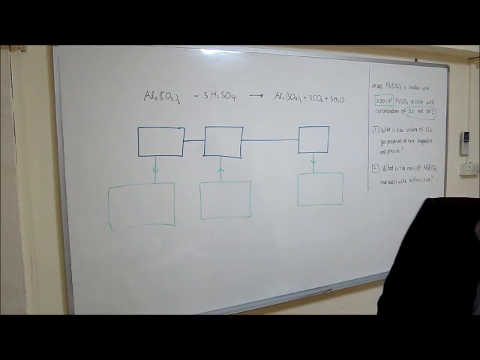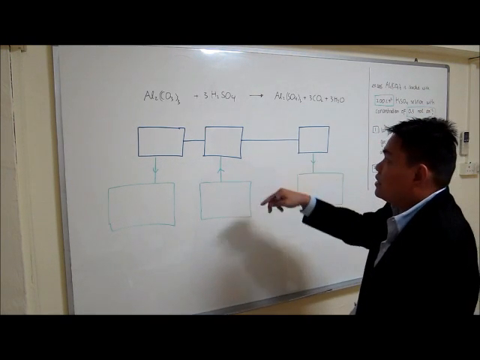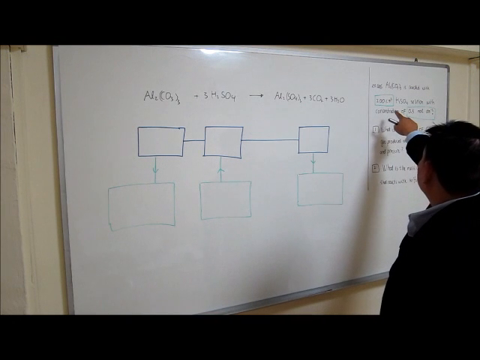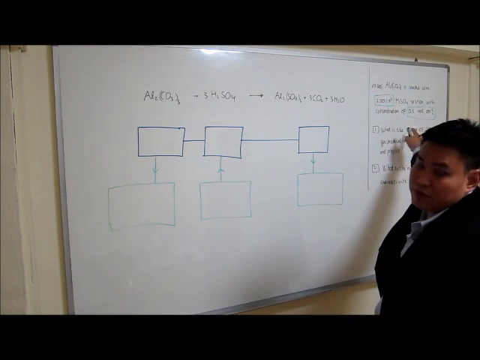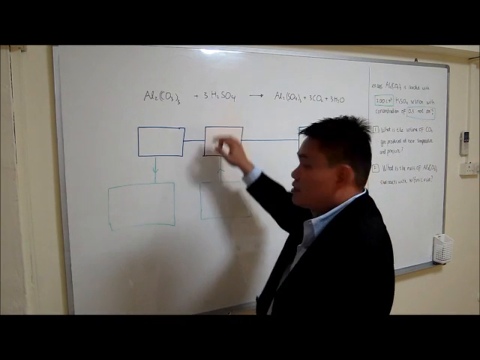Now we are going to put in that information into our pattern. This 200 cm³ and 0.3 mol per dm³ are the volume and concentration of sulfuric acid, so we put it here.